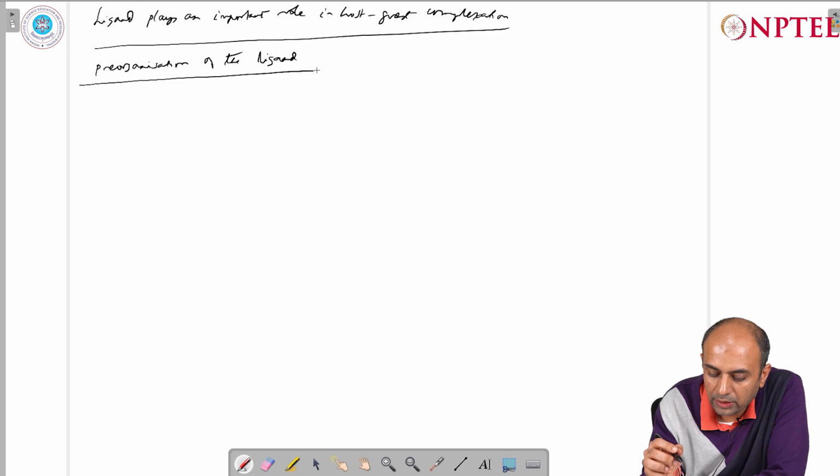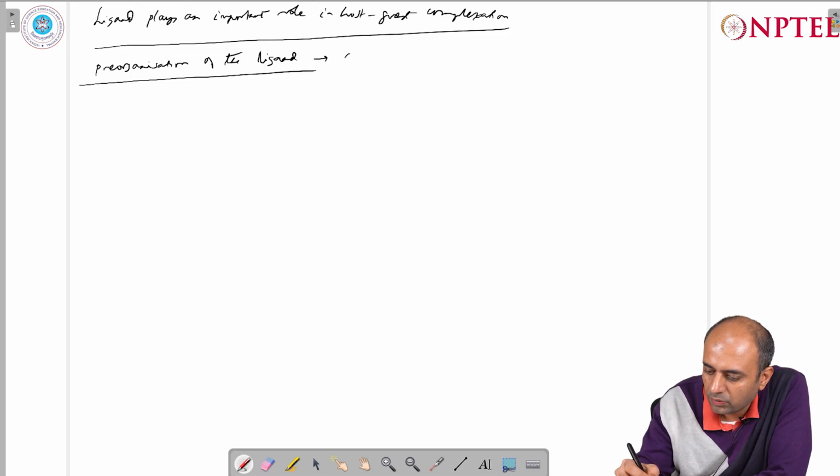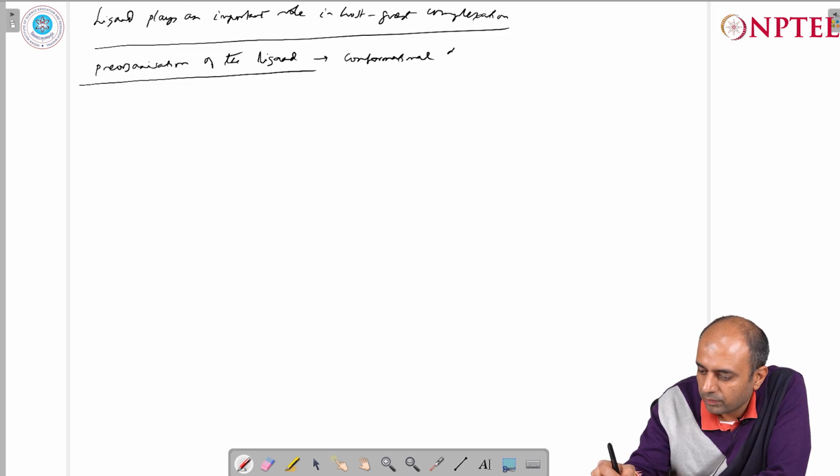As we already saw in the case of the Chelate effect, every ligand has conformational degrees of freedom.